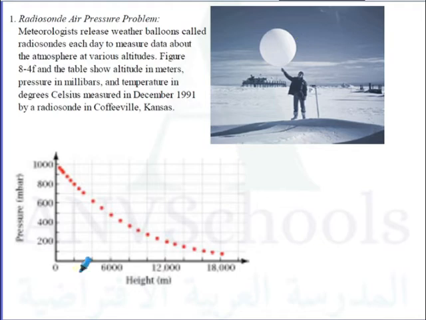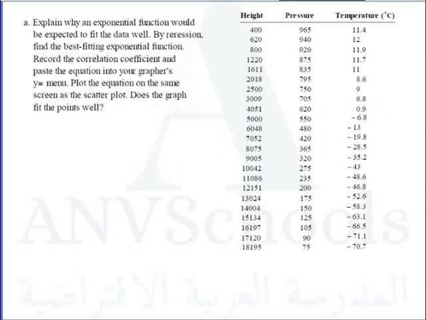This is actually a graph, figure 8-4F. And this is the table of the height, pressure, and temperature. These are the data being measured for the specific radiosonde.